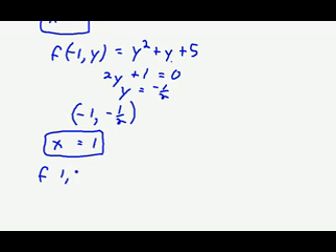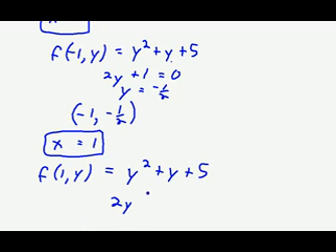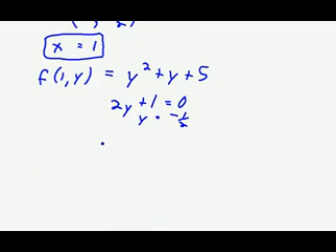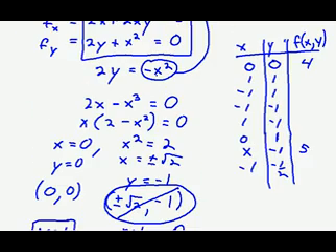That gives you a single variable function. But I claim since you have even exponents on the x's, you'll again get y squared plus y plus 5 for your single variable function. It's going to be the same thing. Set the derivative of that equal to 0, solve, and you'll get y equals negative 1/2. So your critical point here is (1, -1/2). So that goes in the table.